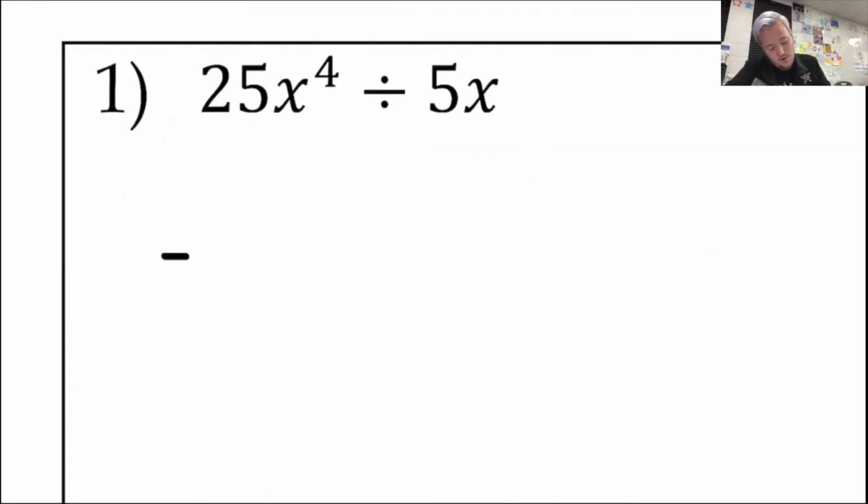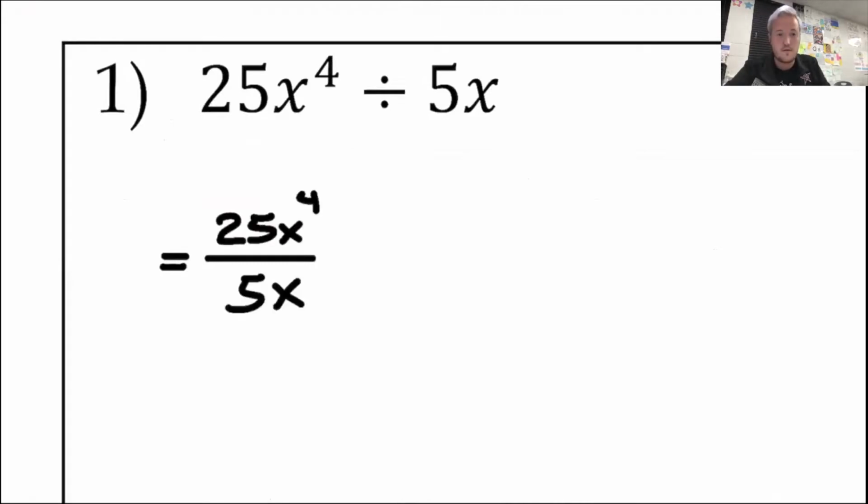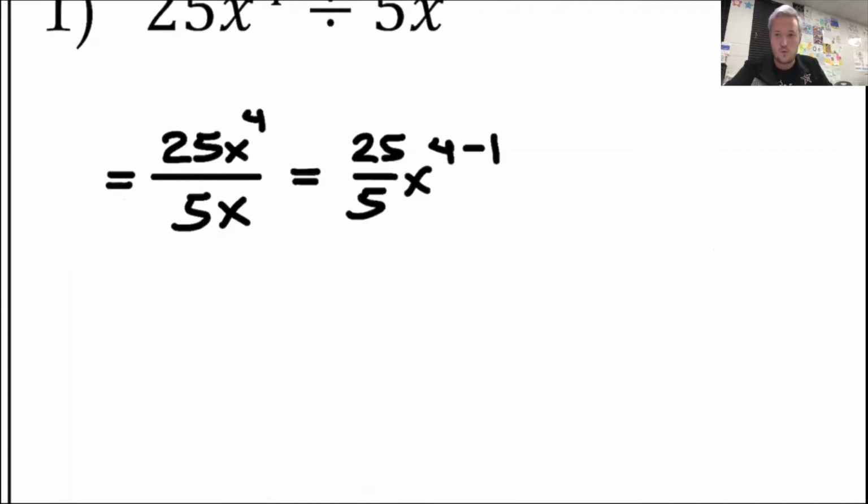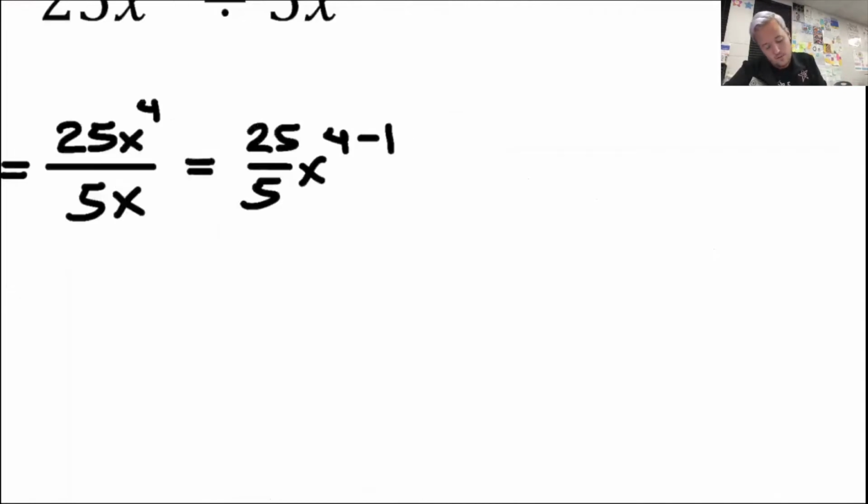So just do your quotient property. So 25 over 5, and then x to the 4 minus 1. 25 divided by 5 gives you 5, and 4 minus 1 gives you x to the 3rd power. So 5x cubed is our quotient here.